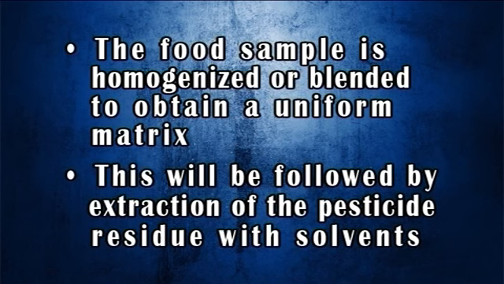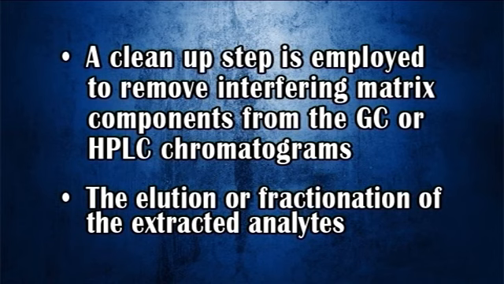Most sample preparation procedures for GC and HPLC determination follow the basic steps as outlined below. The food sample is homogenized or blended to obtain a uniform matrix. This will be followed by extraction of the pesticide residue with solvents. A cleanup step is employed to remove interfering matrix components from the GC or HPLC chromatograms.